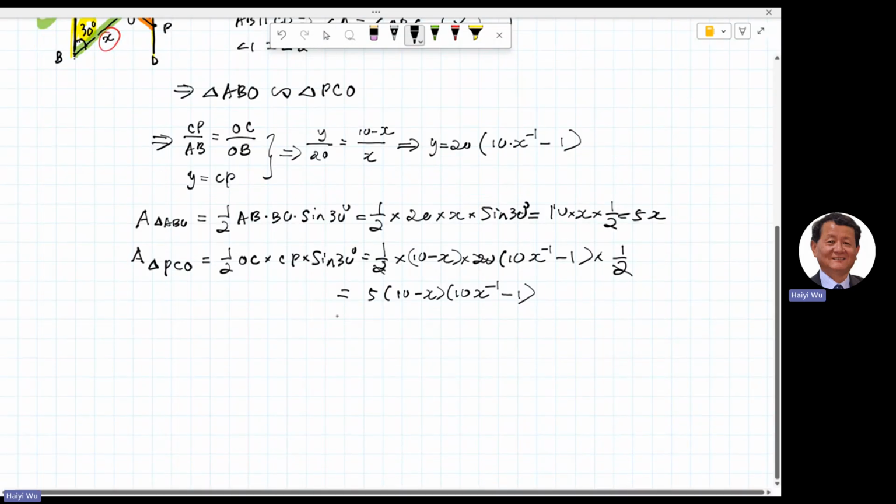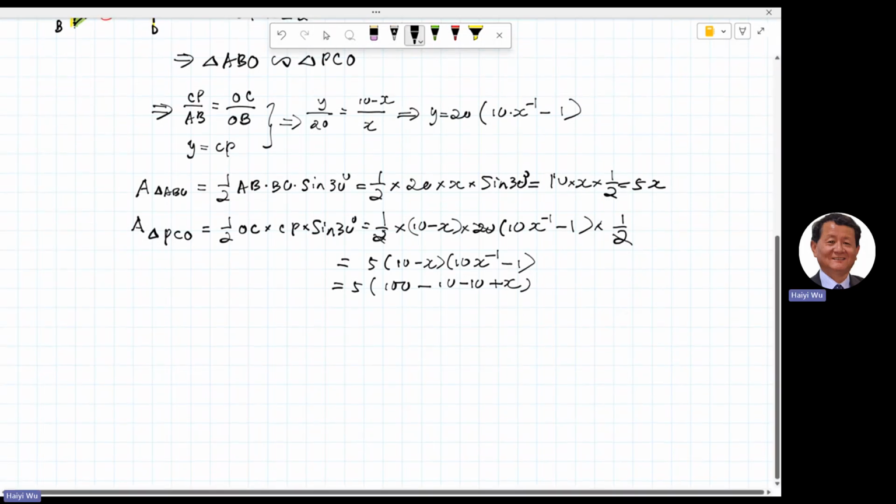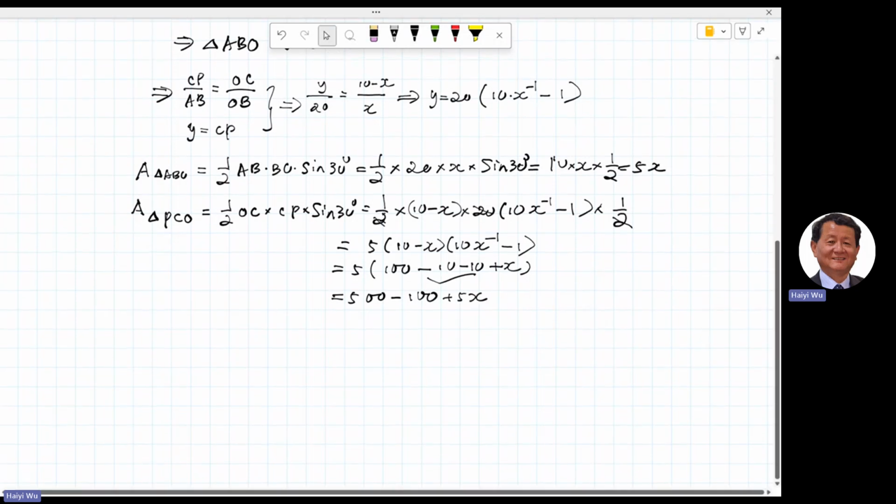So we're expanding brackets, so it'll be 5, so let's say 100 minus 10, minus 10 plus x. Expanding brackets, so it'll be 500 minus 100, and plus 5x. All right, so those two.